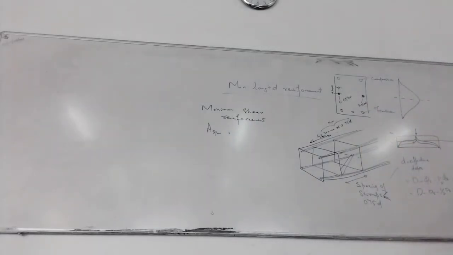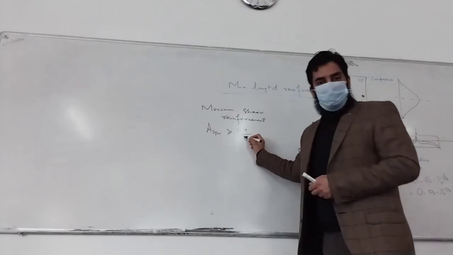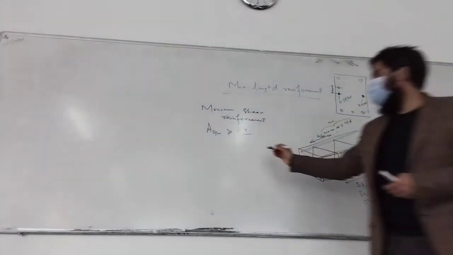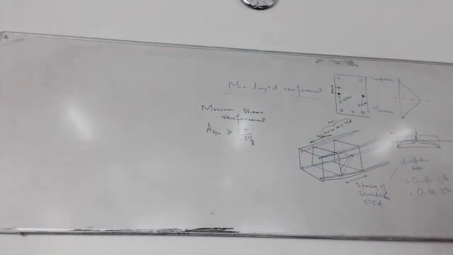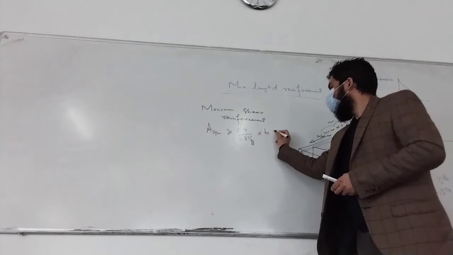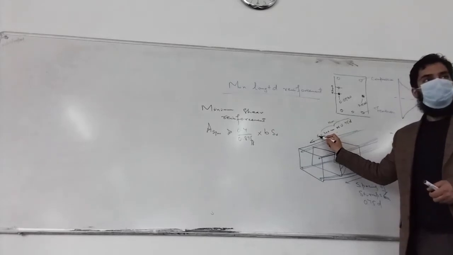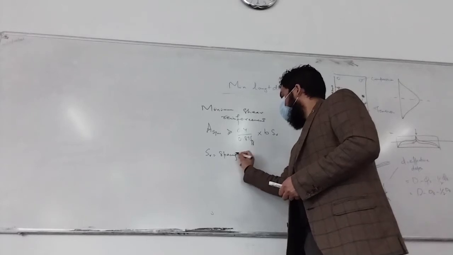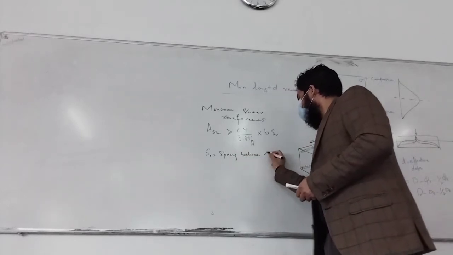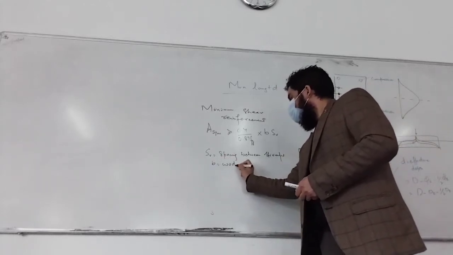It shall be greater than or equal to 0.4 by 0.87 Fy into b Sv. Now Sv is the spacing between stirrups. b, you know, is the width of beam.